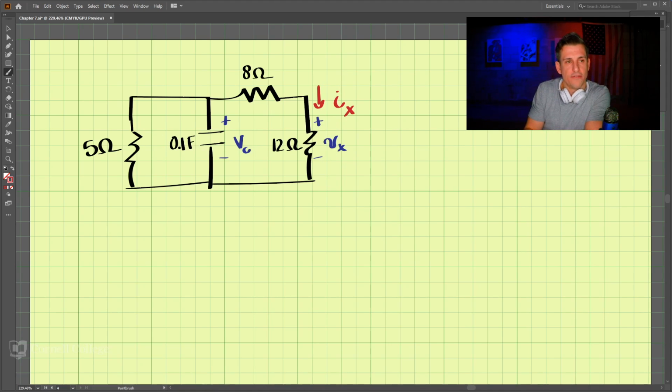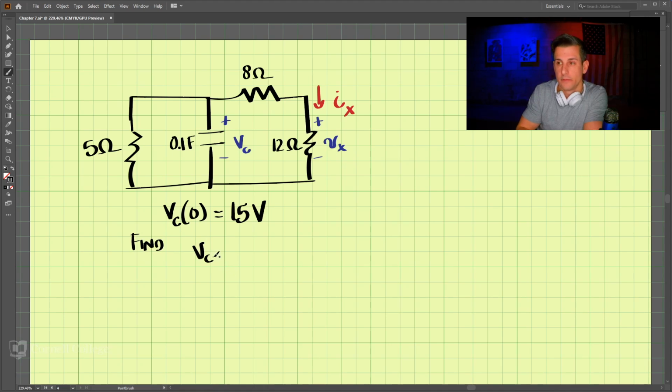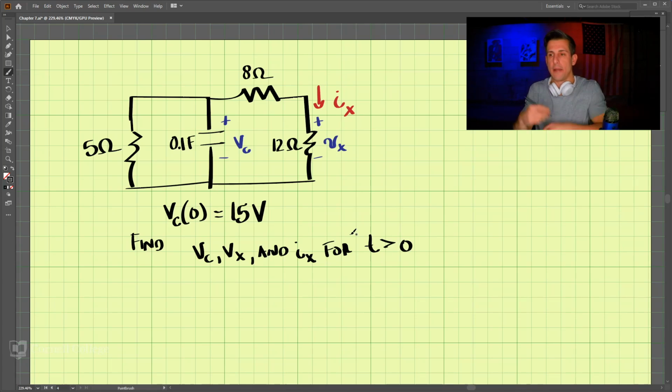We know that Vc at time 0 is equal to 15 volts. And we want to find Vc, Vx, and Ix for t greater than 0.